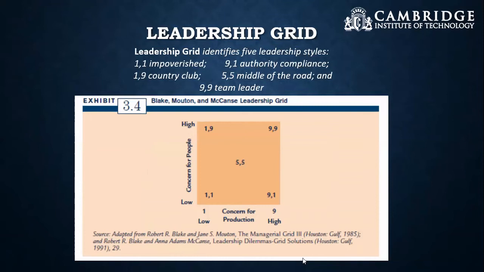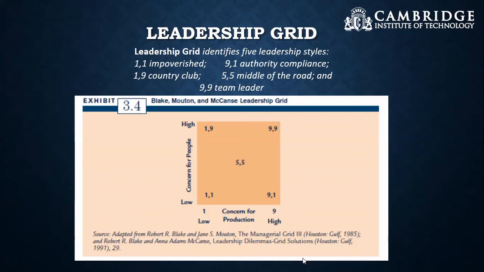Later on, they updated the theory, reworked various components, and in the early 1990s, the leadership grid was identified, and another researcher joined the team. McKee was one of the team members there who was considered to have replaced Mouton soon after she passed away in 1987.